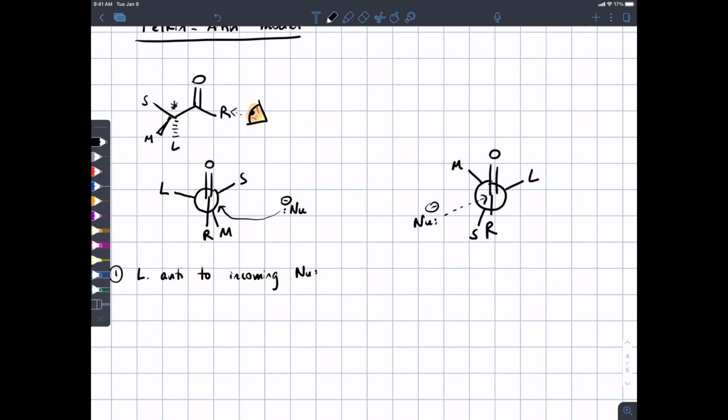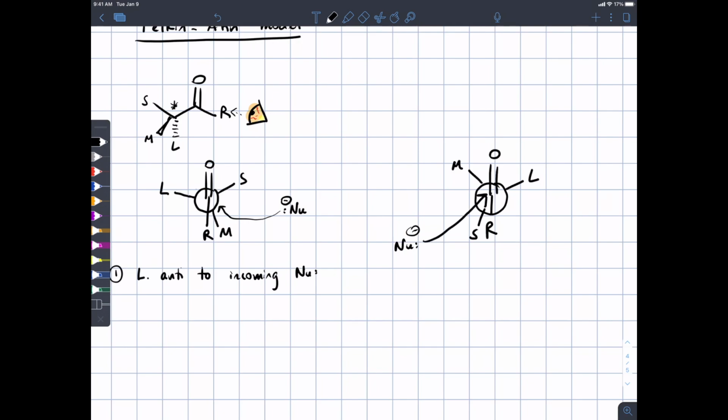Okay, so do you see we have two different ways we can approach that have the largest group anti to the incoming nucleophile? We can approach from the right-hand side or the left-hand side. And the difference, once we set where that largest group is, between the two sides has to do with what the nucleophile encounters on the way in, right?